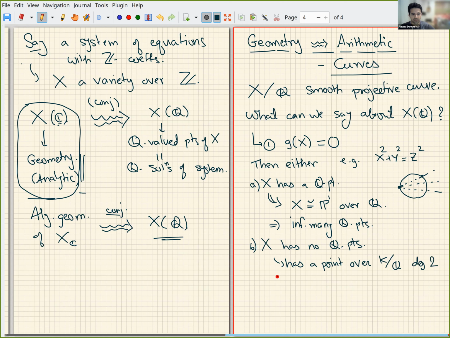Then if you extend your field to K, X is isomorphic to P1 over that field, X_K is isomorphic to P1_K, and as a result has infinitely many K points.